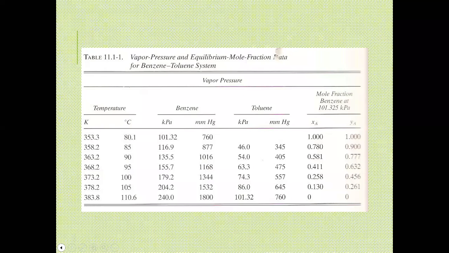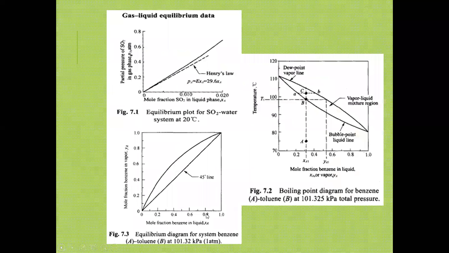As shown here, the relationship between XA and YA is not linear. It's curved. I said the 45-degree line was only drawn here just in case the process of determining the unknowns in the problem is graphical. But the relationship is this curve here. Okay, so remember that interpolation works if the relationship between variables is linear.